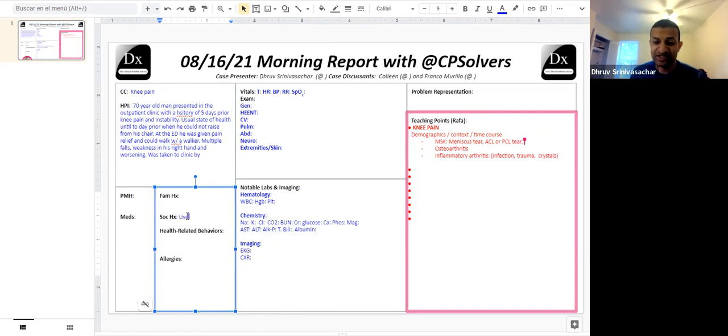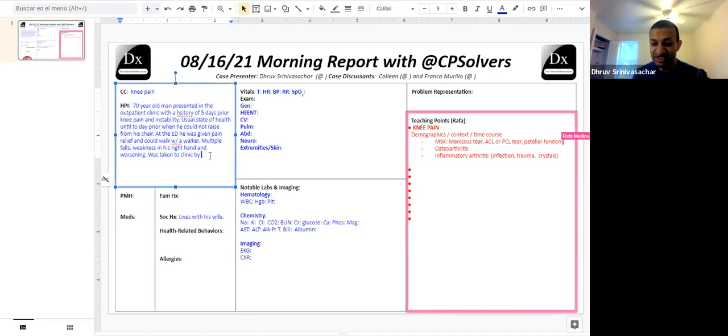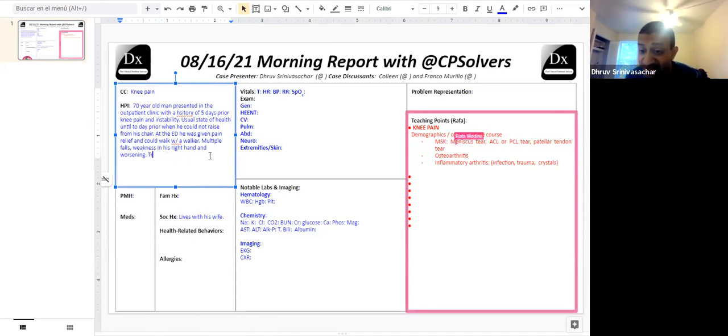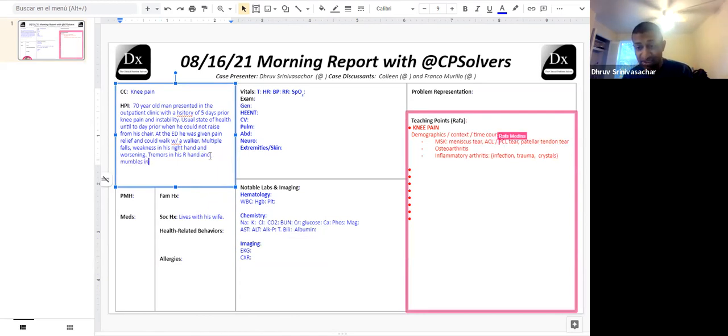In terms of other symptoms, the wife also notes that the patient has had tremors in his right hand and more mumbled speech. The patient has also had leg swelling, constipation, joint swelling, dizziness, and in general a much lower level of activity.